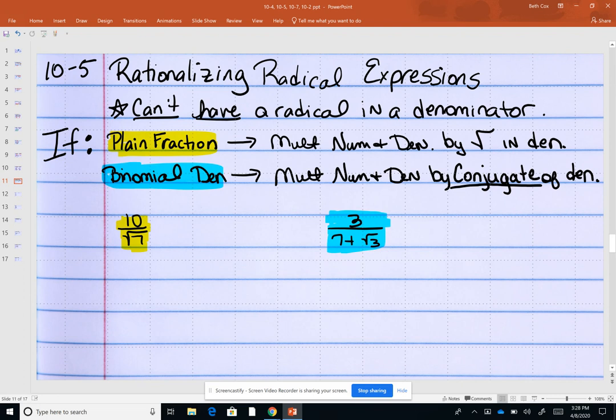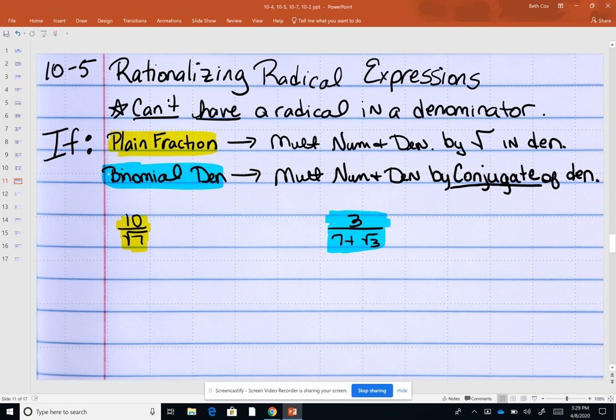Now we've got two types of problems that we're going to be looking at. One of them is a regular plain fraction with a radical in it, and the other one is a fraction with a binomial denominator that contains a radical. We'll treat these a little bit differently, but here is how we'll do it. These are fractions.